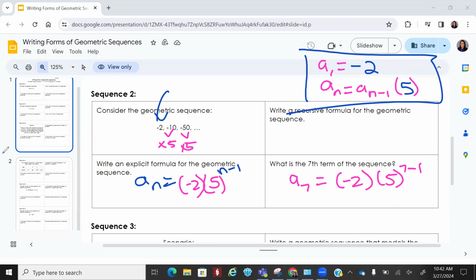In your calculator, you are going to type in just this side. Do not ask me how to type in a sub 7. Just type in -2 times 5 raised to the 7 minus 1. Take a moment, everybody type it in before we say the answer.